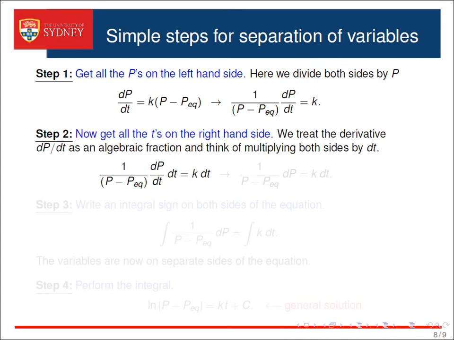In step 2, we multiply both sides by dt. Even though we haven't seen how to do this without an integral sign, it is a useful tool for remembering the process. We then treat the derivative dP/dt as a simple fraction and cancel out the dt's.